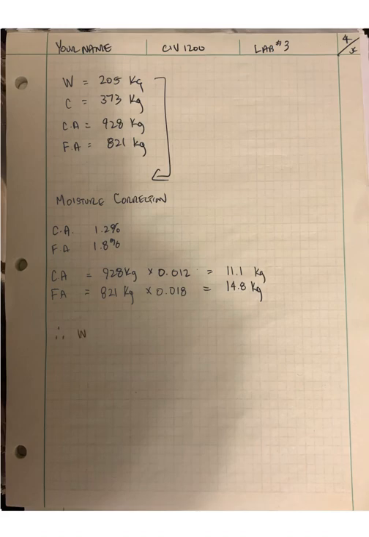Therefore our actual water value is going to be 205 kilograms plus 11.1 plus 14.8. Our total in this case is going to be 230.9, and we round it to 3 significant figures, 231 kilograms.